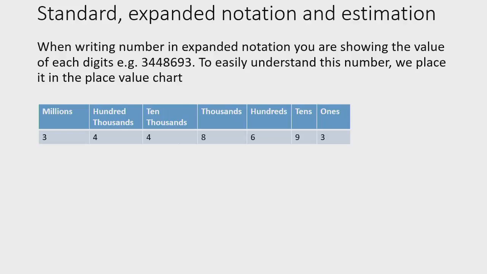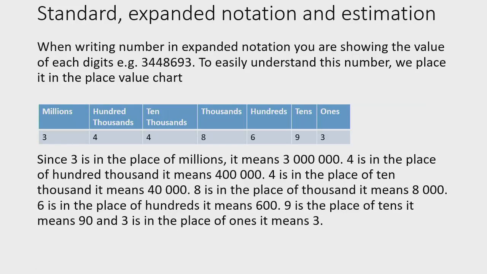Now, what you need to understand here is that the place value of each number will help you to write numbers in standard and expanded notation. For example, when you look at this table, since 3 is in the place of a million, it means 3 million. 4 is in the place of 100,000, so it means 400,000.